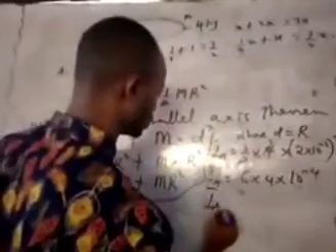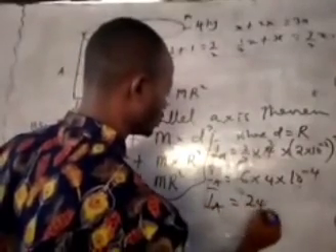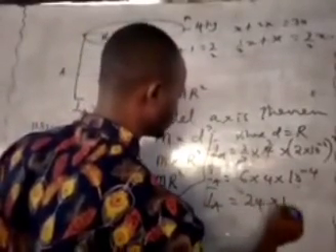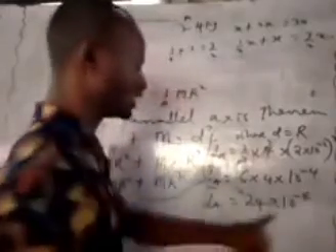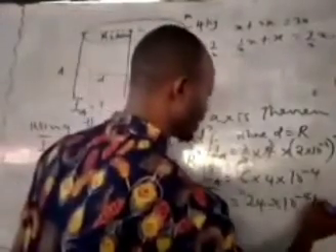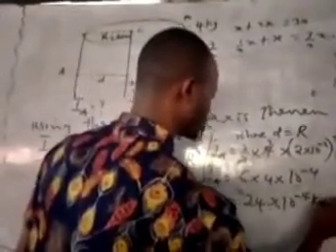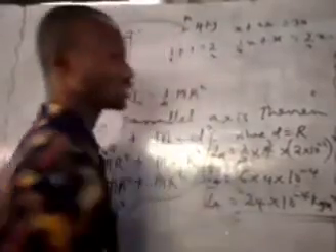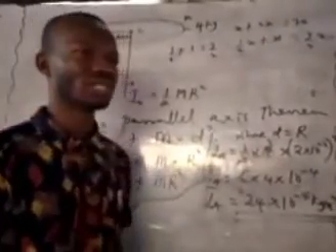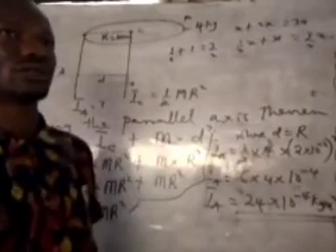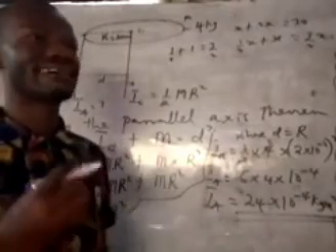That means the inertia through A will be 24 times 10⁻⁴. And what is the unit of inertia again? Kilogram meter squared. Please remember, after solving a question in physics, you must make sure that you put the units of the parameter you have calculated.